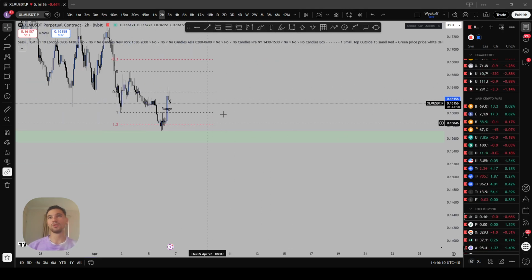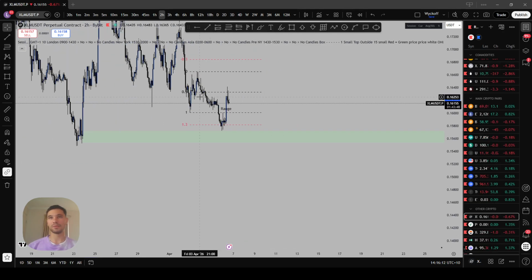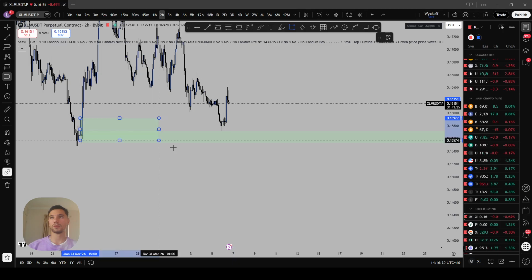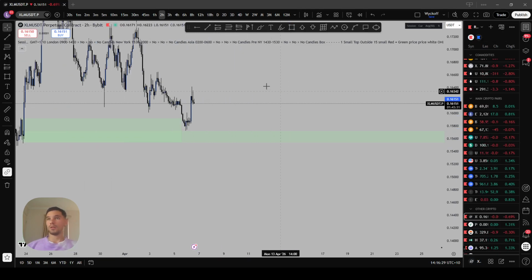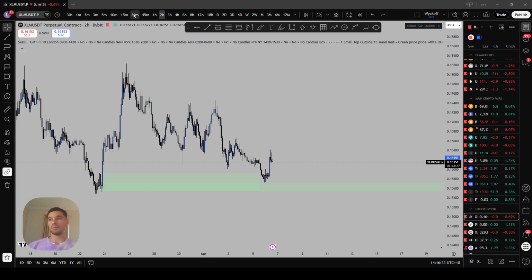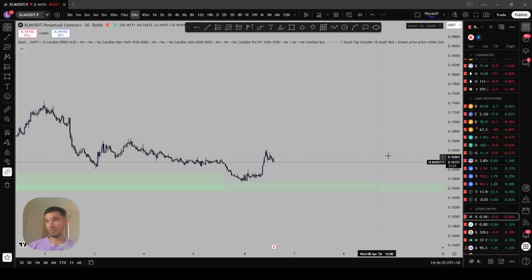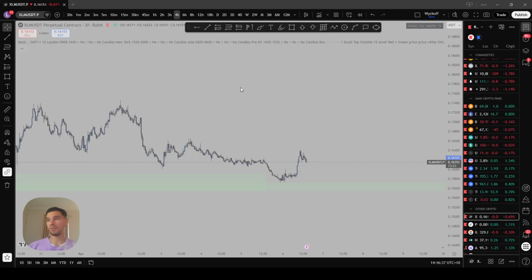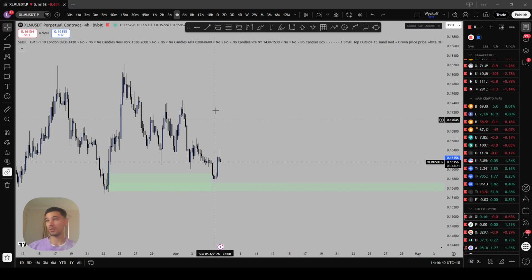It's a bit too market structure like. Therefore, I will not be using it. Yeah, XLM, I'll still just be monitoring it for now. Could this have been a PO3? Potentially.